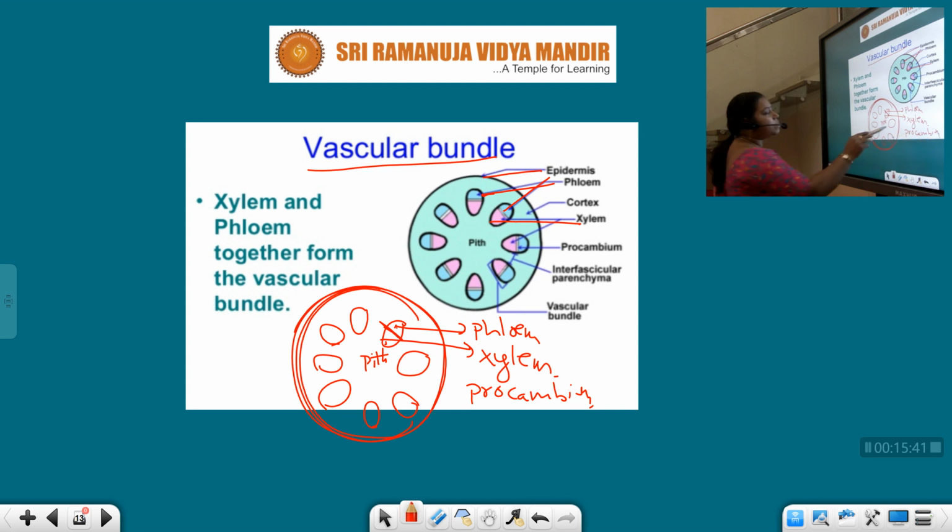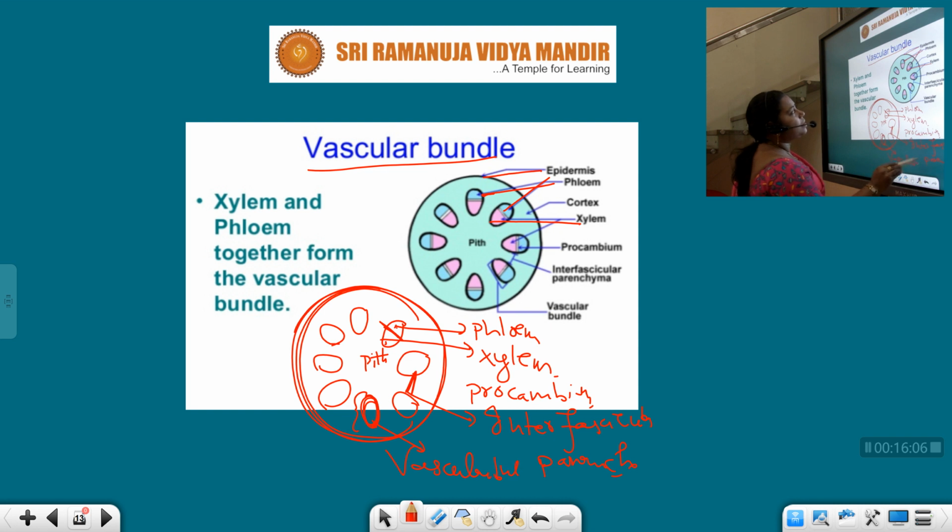The connection between the two is called interfascicular parenchyma. This entire thing is called the vascular bundle.